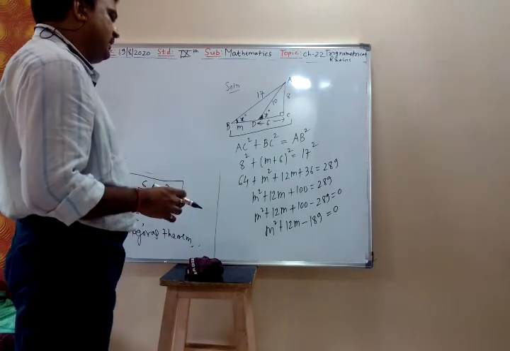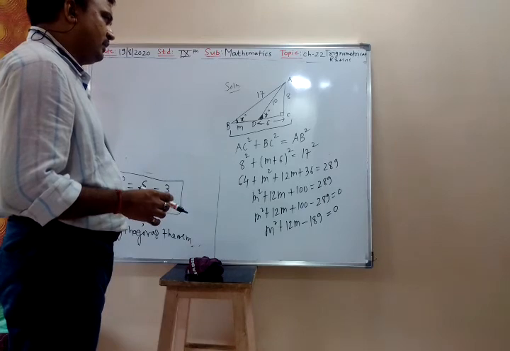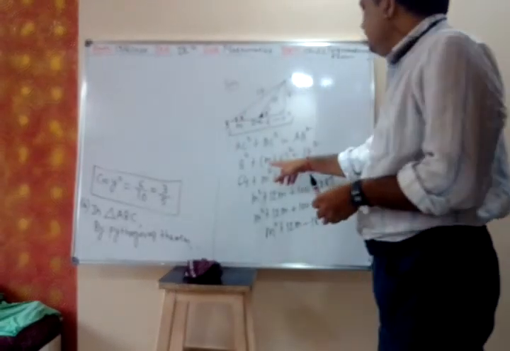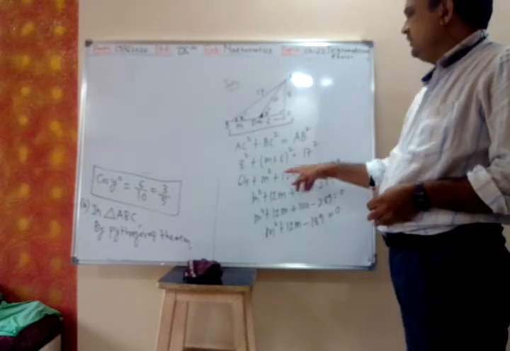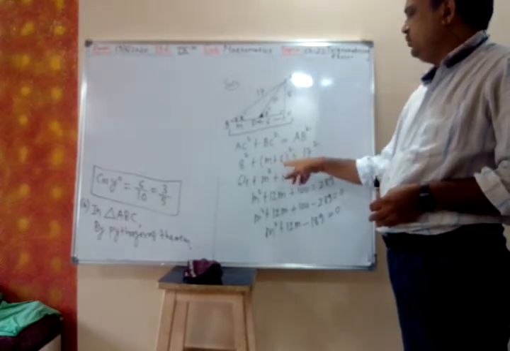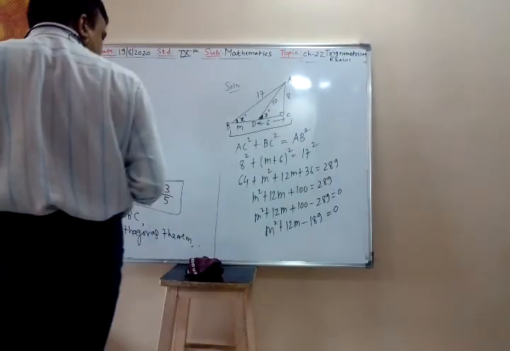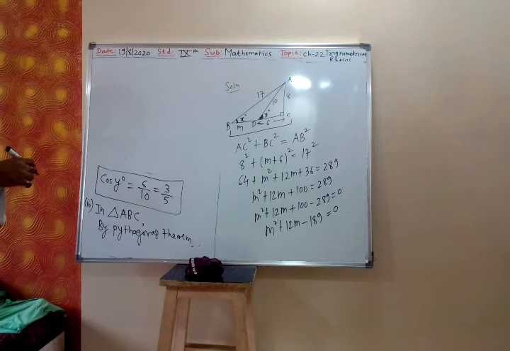So find two numbers. This is a quadratic. a plus b whole square is a square plus 2ab plus b square. So m square plus 12m minus 189. So find two numbers whose sum is 12.